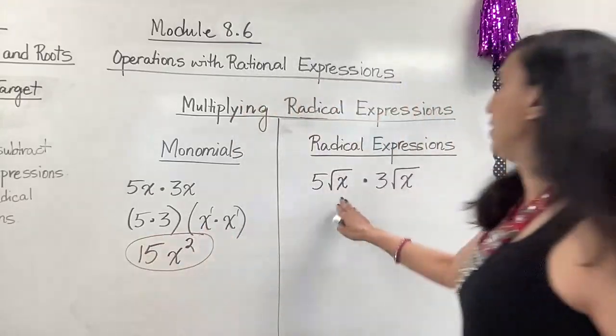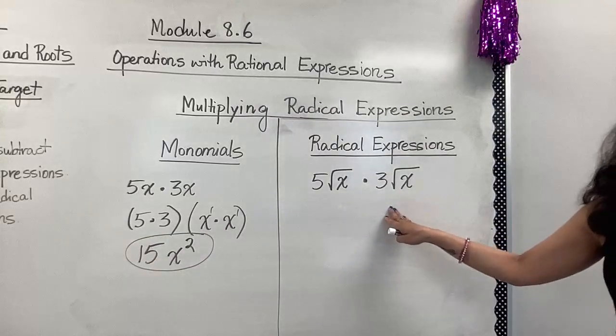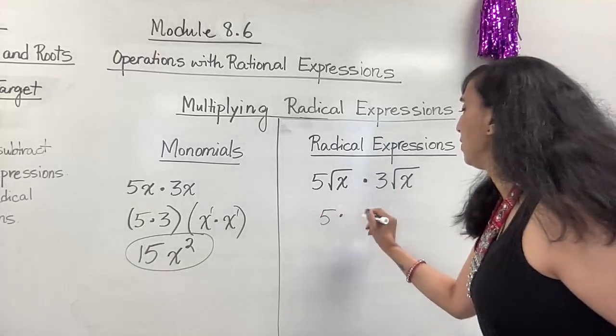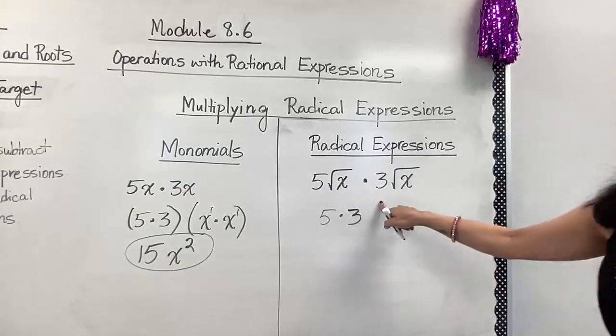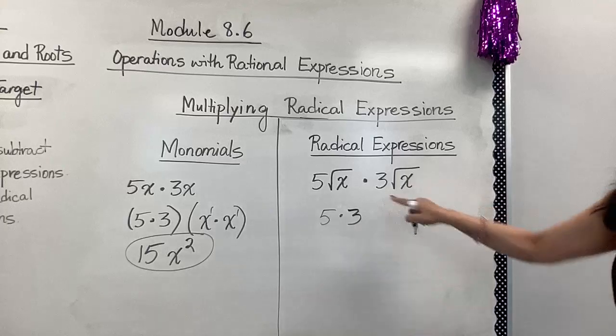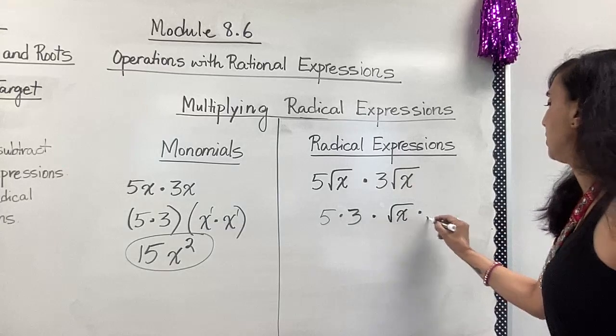Now, let's look at this one here. Same thing. We are going to do 5 times 3, which is this part, and we can see the radicand is the same, okay, times root x times root x.